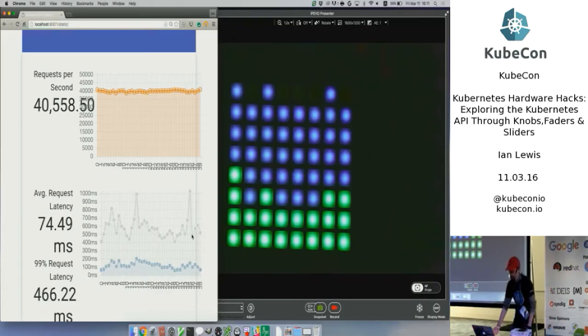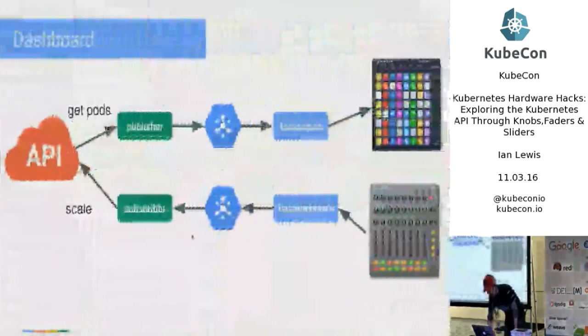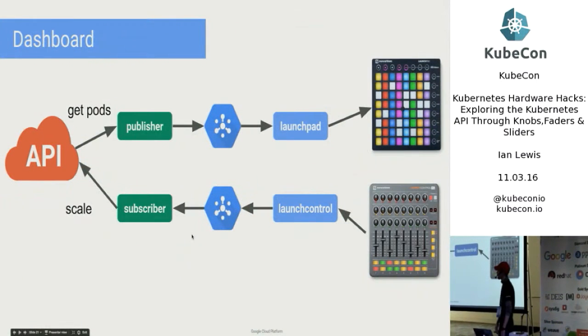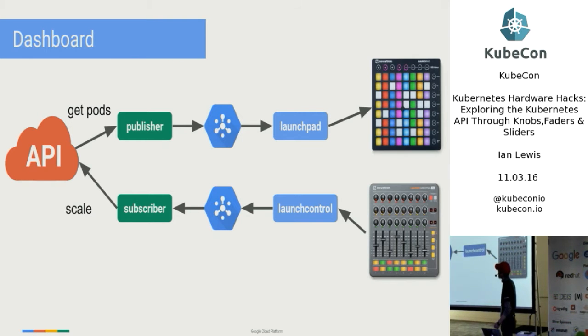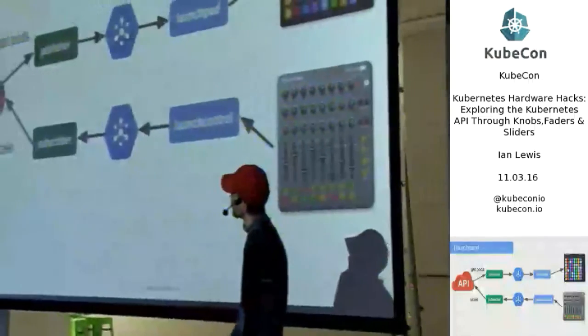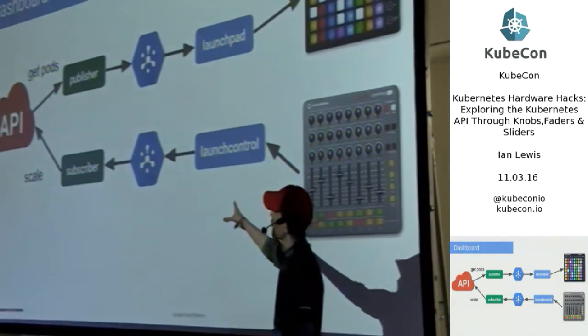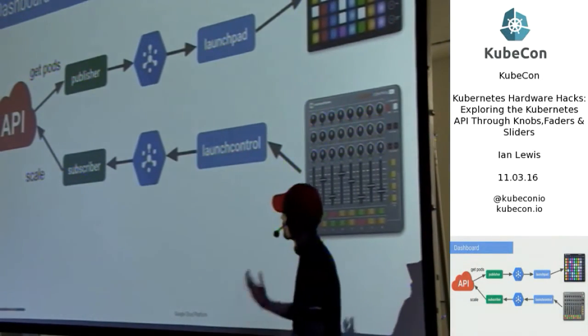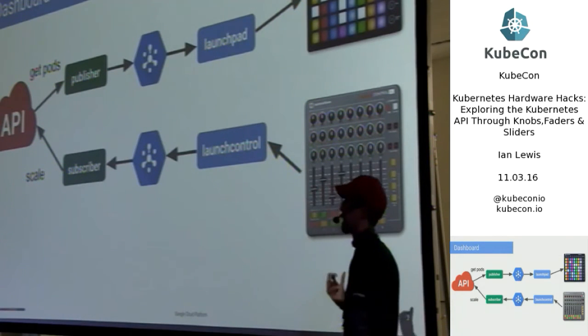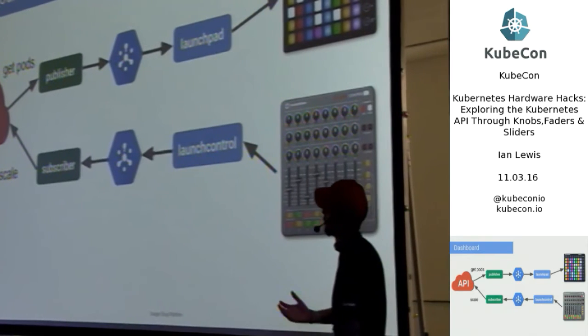So let's go back and talk about how this is implemented. This is a little bit over-engineered, which we like to do at Google. We have 4 different apps. Just to run the entire circle here, from the API, this publisher app, which is written in Python, will get the pods that are running in the cluster from the API.